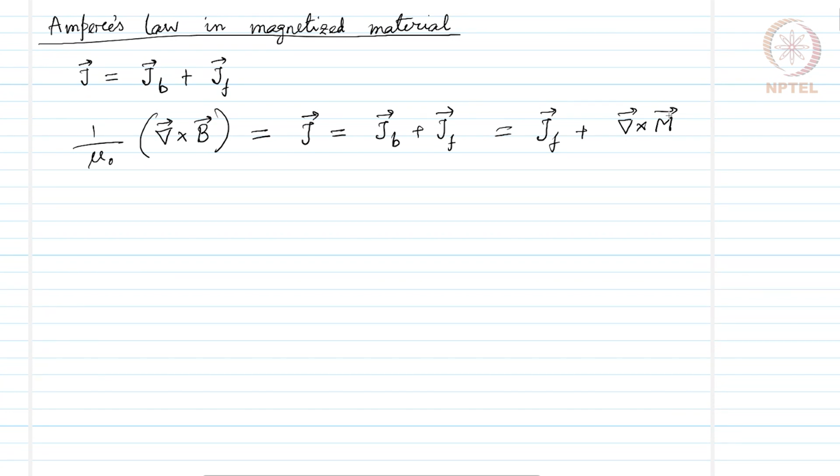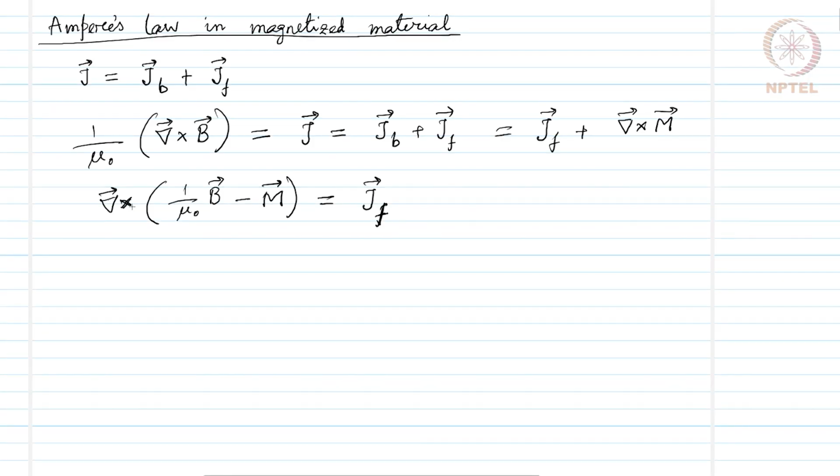Now, if we have this, we can collect the curls on one side and write this as curl of 1 over mu naught times the magnetic field minus the magnetic polarization, that is equal to the free current density due to external source, excluding the bound current, because bound current is not under our control and free current is under our control. This way it would be wiser to write the expression for the magnetic field for the Ampere's law.